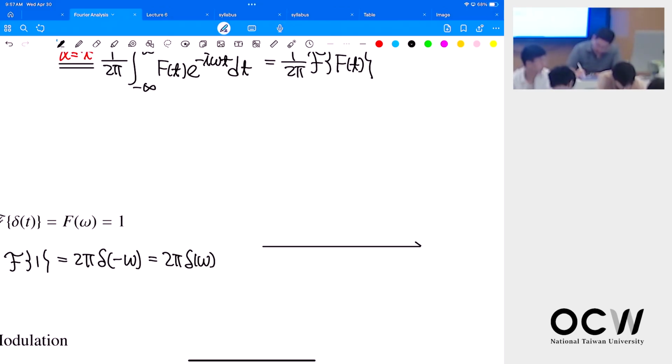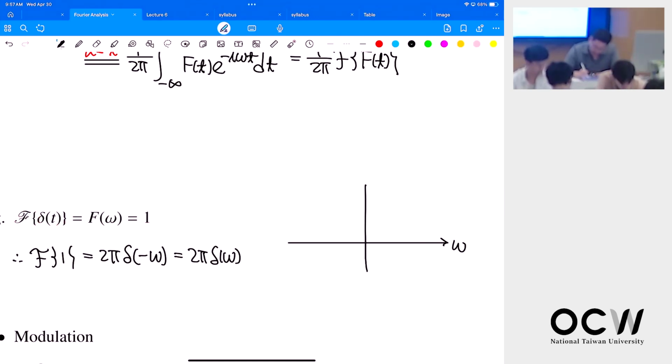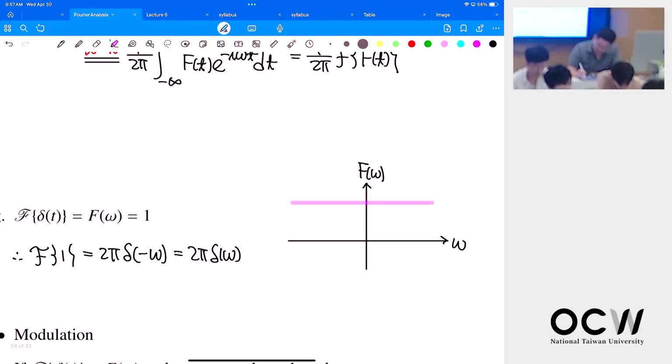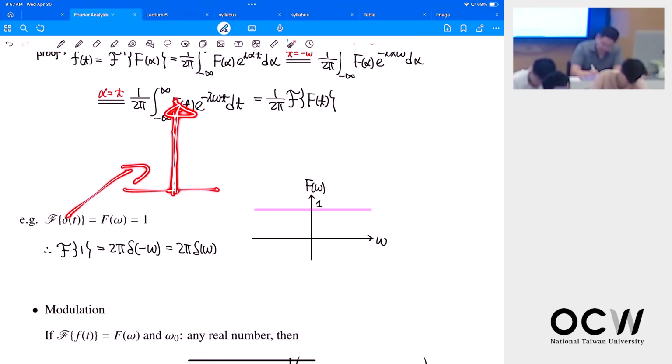So you can see that for the first delta function, the Fourier transform is 1.